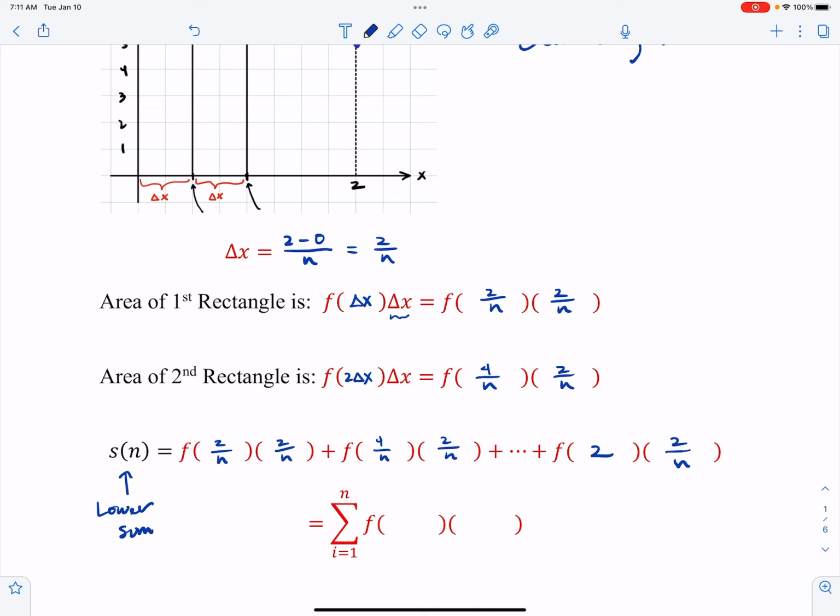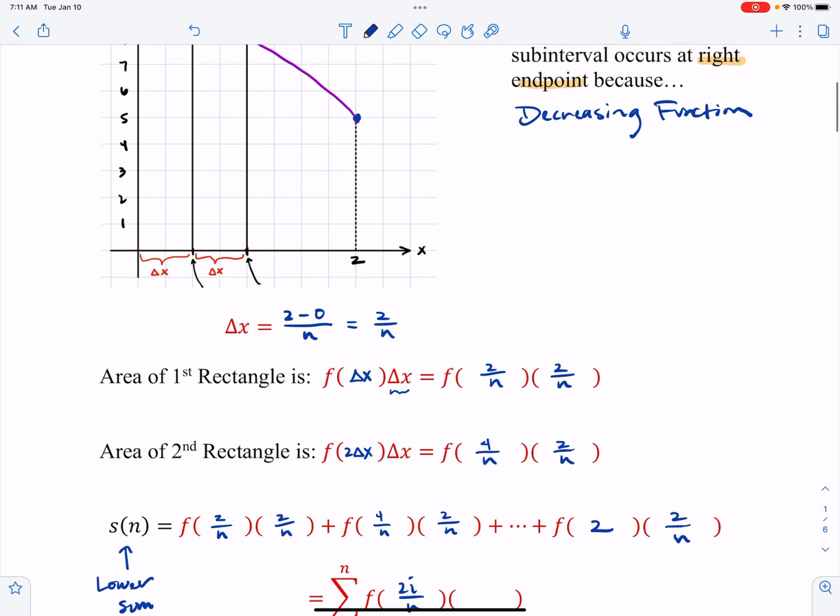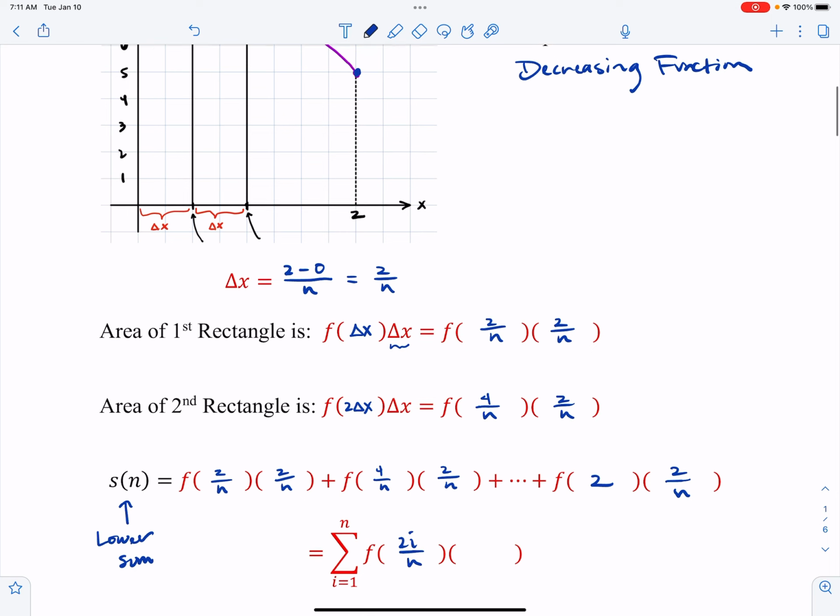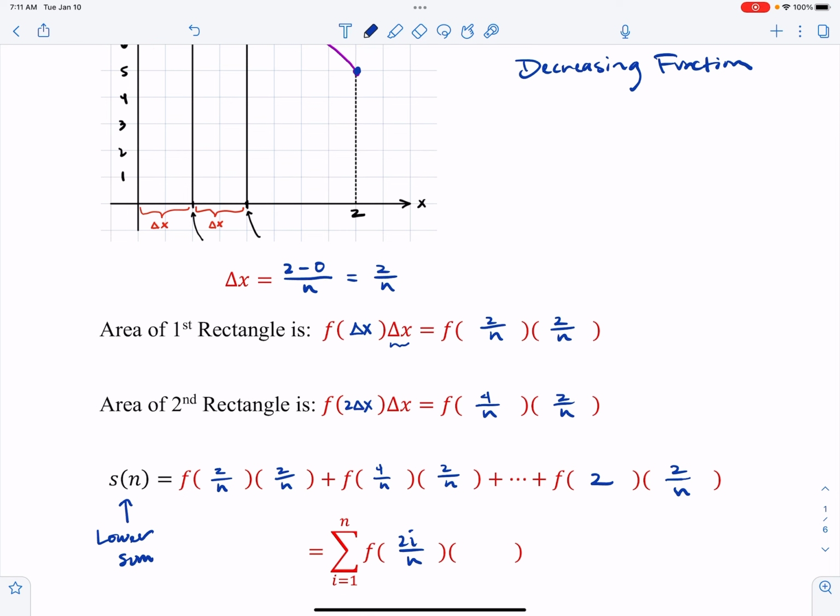So the height of each rectangle would be f of 2I over n, which is just delta x times I, since we're using the right endpoint of each subinterval. So the height would always be the function evaluated at delta x times I. And delta x, again, is still 2 over n.